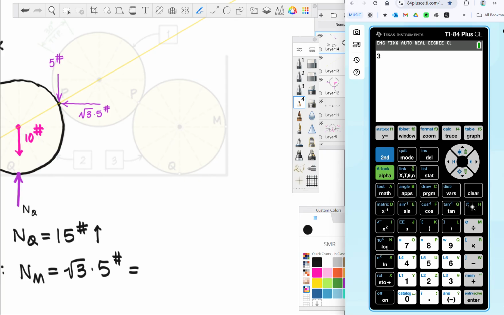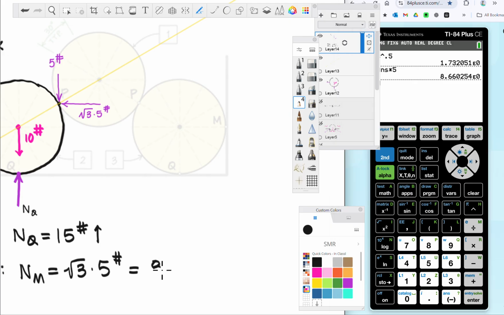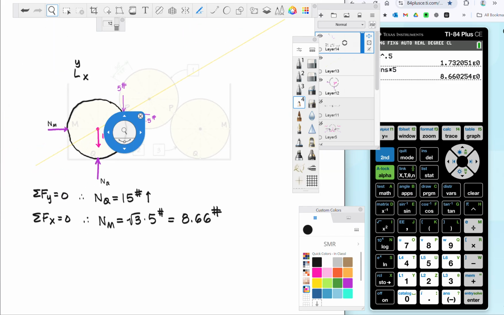Square root of 3 times 5 equals 8.66, which I should have been able to do in my head, but that's okay. All right, 8.66 pounds, and the direction of that force is rightward. Okay, so those are your final answers, N sub Q and N sub M. Thanks for watching.